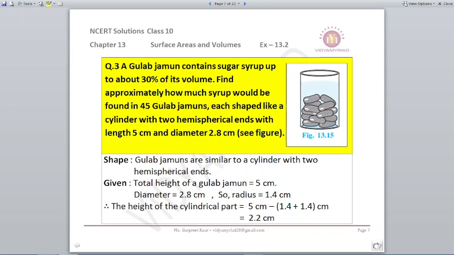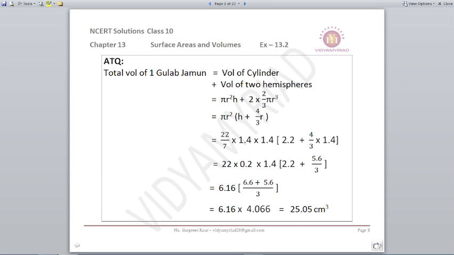We can take the height of the cylindrical part, that is total is 5 centimeters. We need to subtract the radius part of the hemisphere, that is 1.4 and 1.4. On cancelling this, height of the cylinder gets 2.2 centimeters. Now according to the question, we will find out the volume of one gulab jamun.